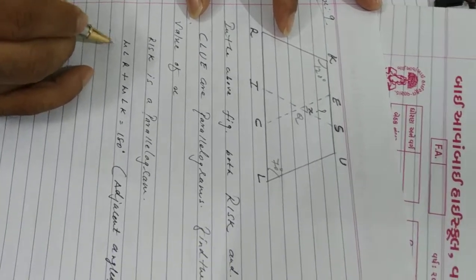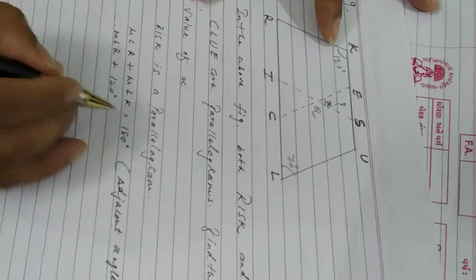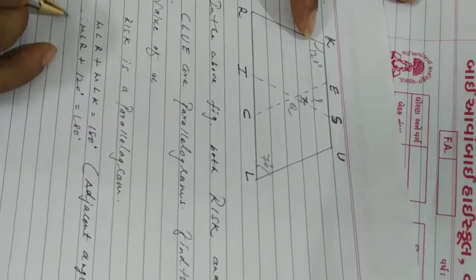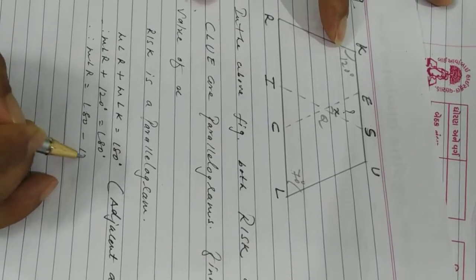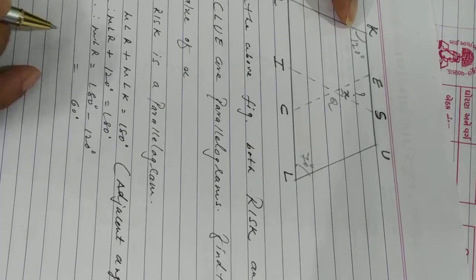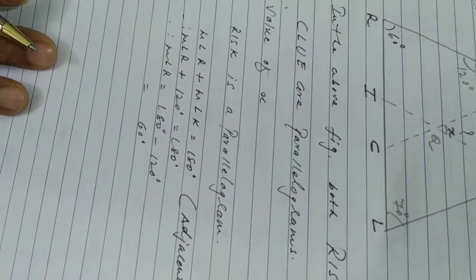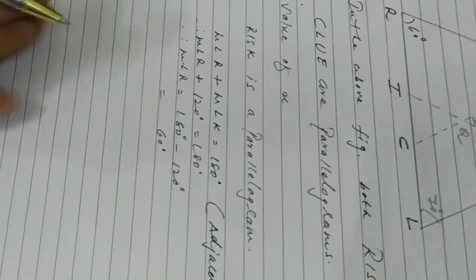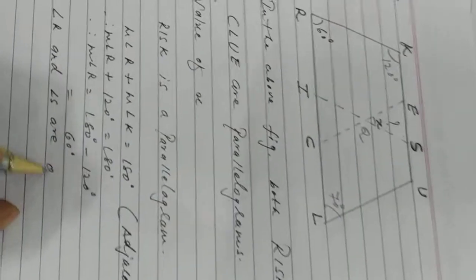So angle K is 120 degree, therefore measure angle R is equal to 180 minus 120, so 60 degree. Got it?